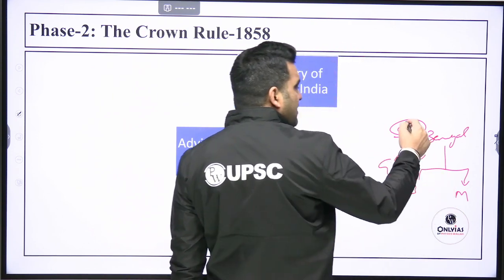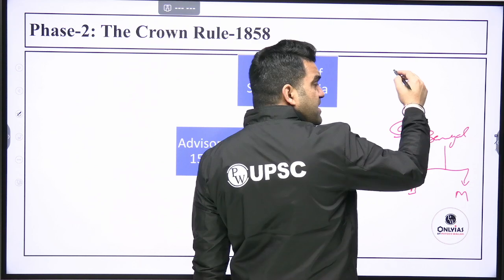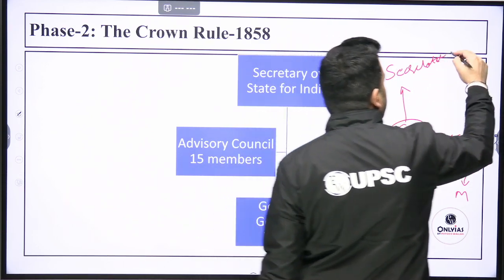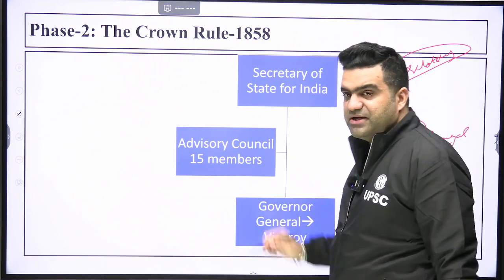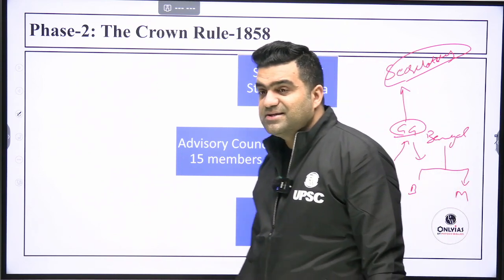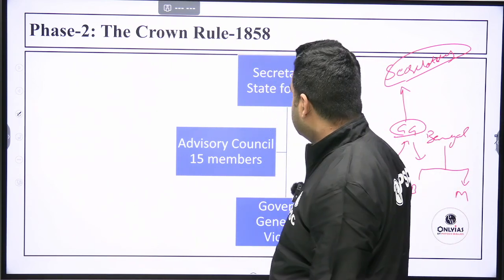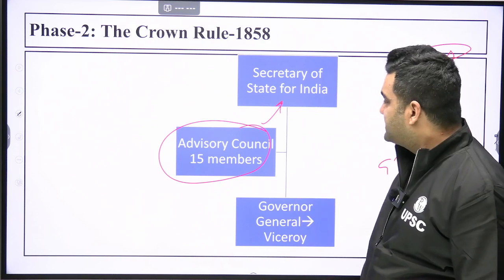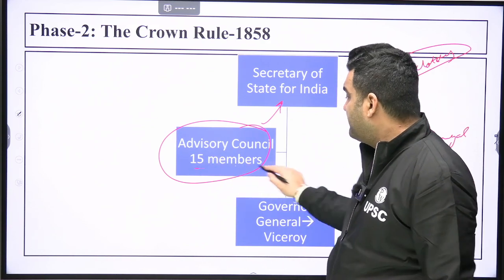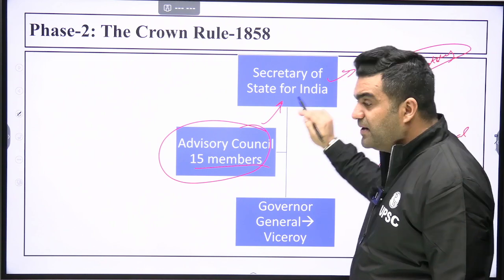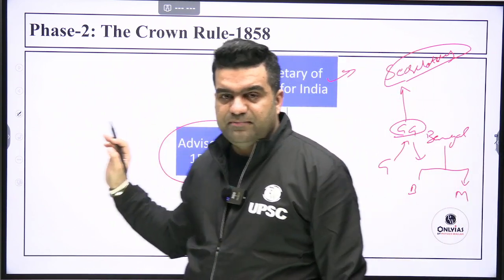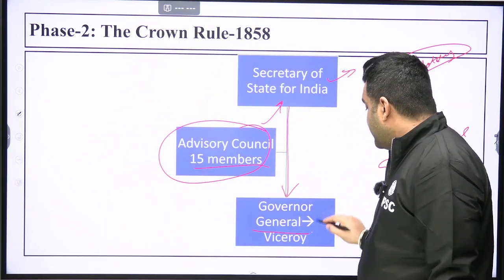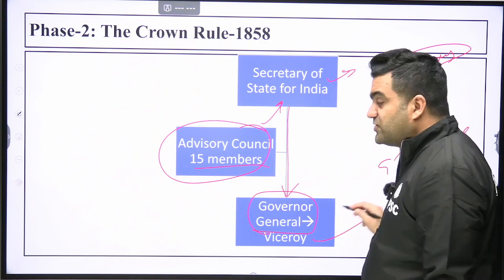Now, above this Governor General, there will be a Secretary of State for India, appointed by the British Parliament, to look after India as a colony of the British. There will be an advisory council of 15 members to advise the Secretary of State on the governance of India. The Secretary of State would be a member of the British Parliament. Under him there will be the Governor General, whose name was now changed to Viceroy.